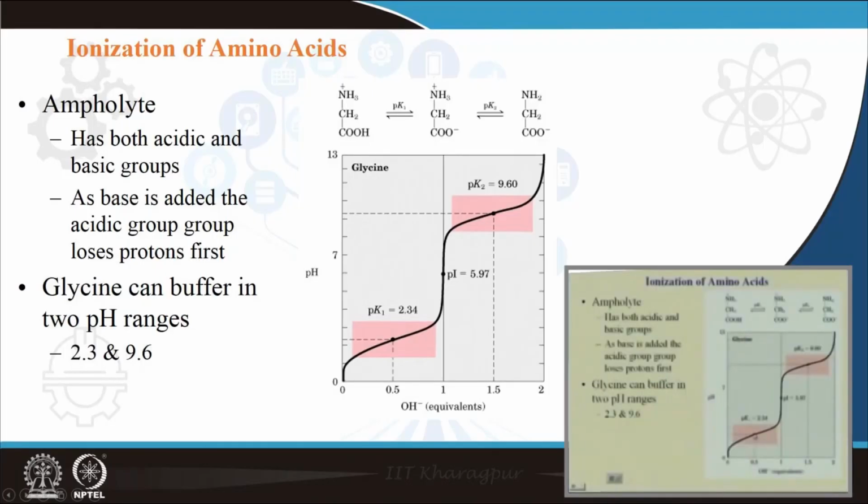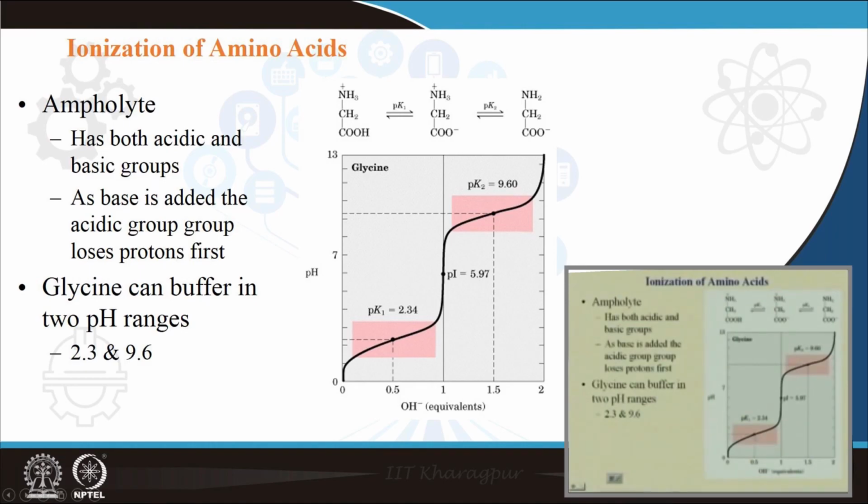What is that point? That is when my pH is equal to my pKa. That on this graph is this point here. So the pK1 value is 2.34.